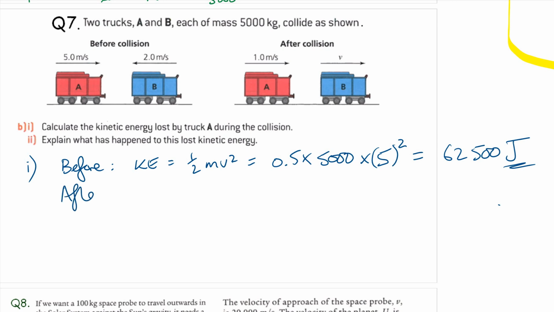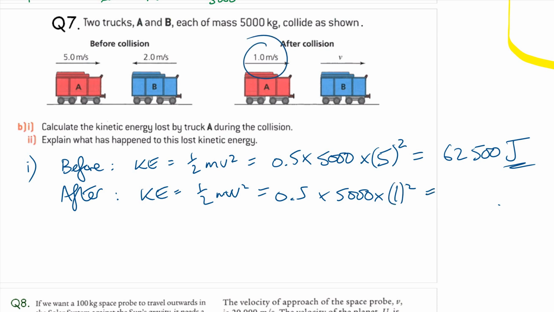Afterwards, kinetic energy equals, it's the same equation, same mass, different speed, 1 squared, and that gives us 2,500 joules.